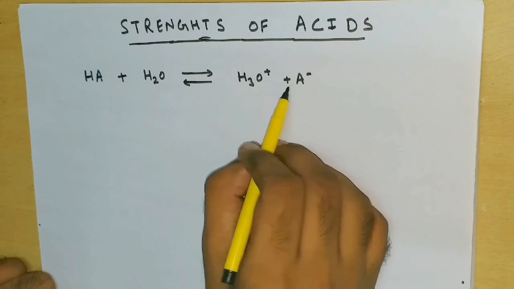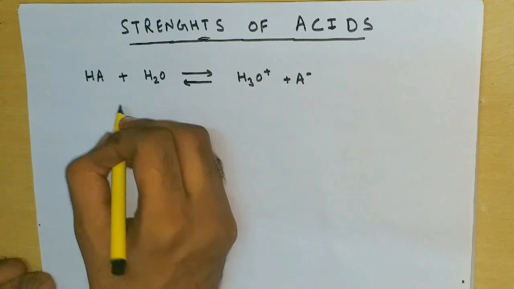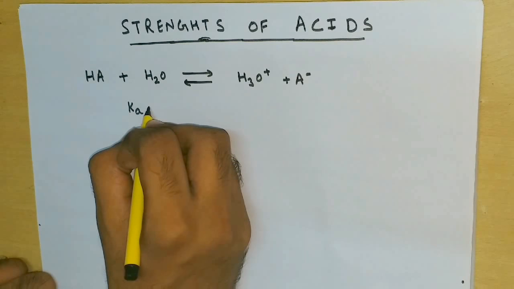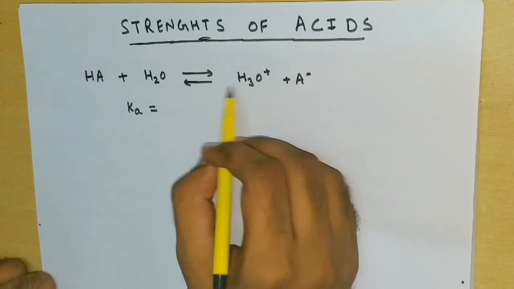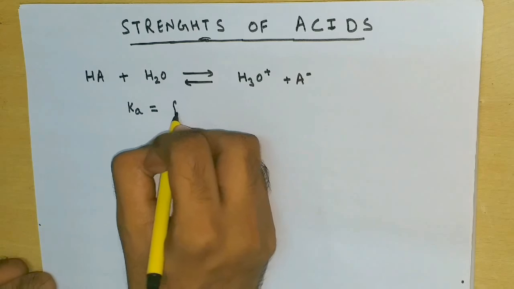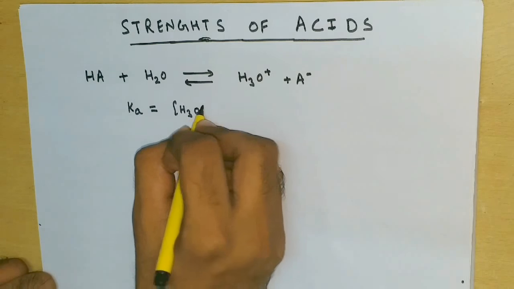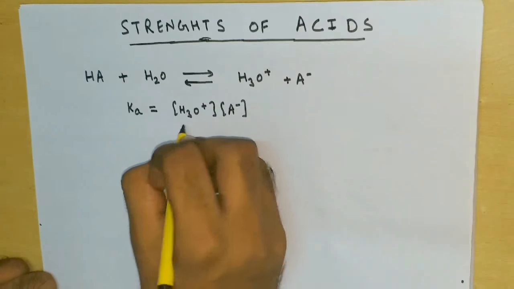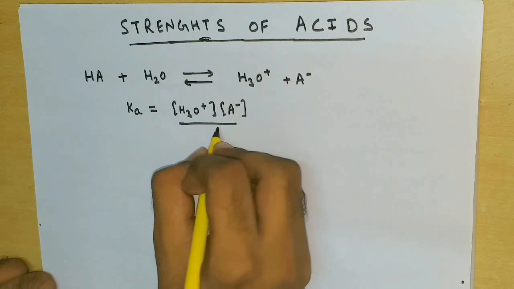And the equilibrium constant Ka is simply given as Ka equal to concentration of H3O plus multiplied by concentration of A negative divided by concentration of HA.